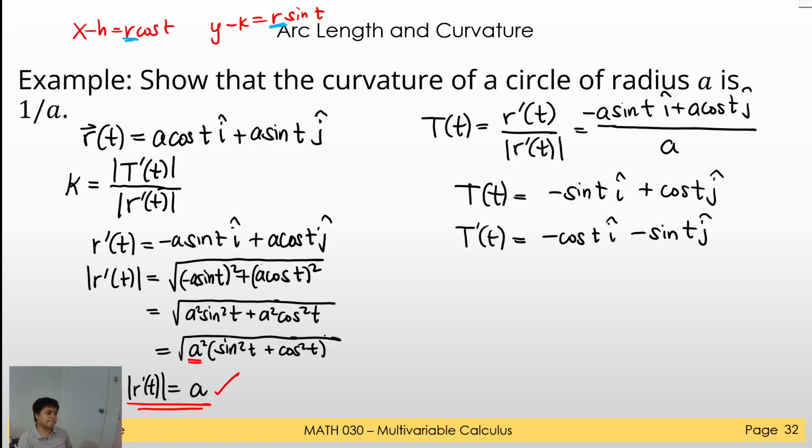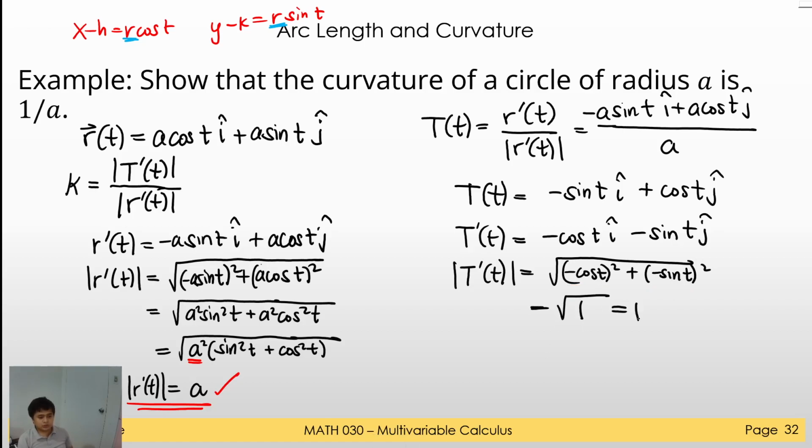To find the length of this, we want the square root of the sum of the squares. So we have the square root of negative cosine t squared plus negative sine t squared. If you simplify this, we have cosine squared t plus sine squared t, which is equal to 1. So we have the square root of 1, which is equal to 1.